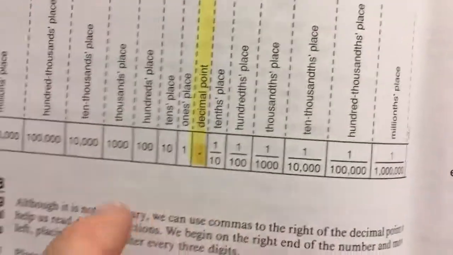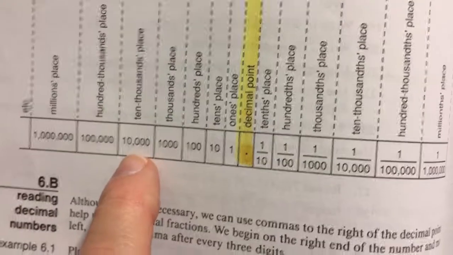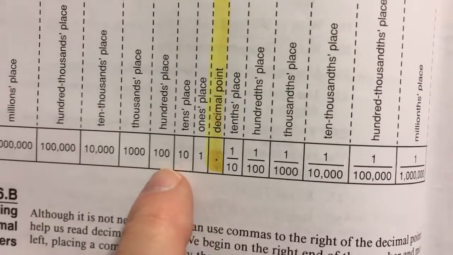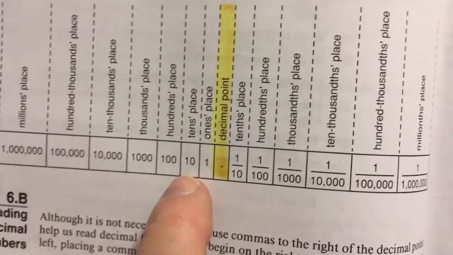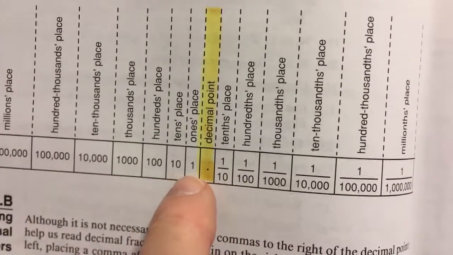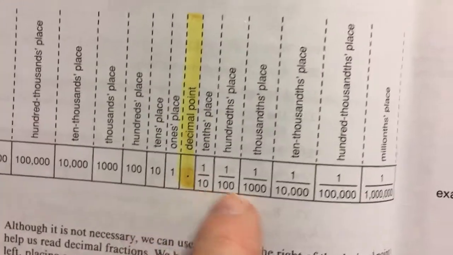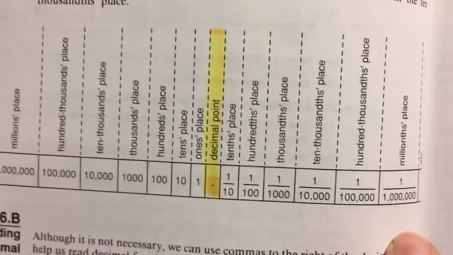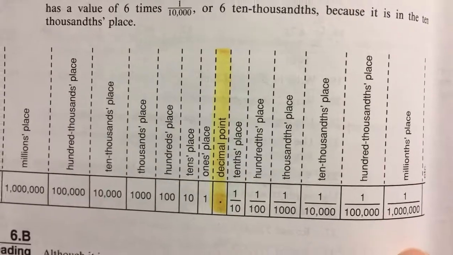And that pattern continues. Look, over here, 10,000 divided by 10 is 1,000. 1,000 divided by 10 is 100. 100 divided by 10 is 10, and 10 divided by 10 is 1. We just continue the same pattern on both the left and the right of the decimal point.